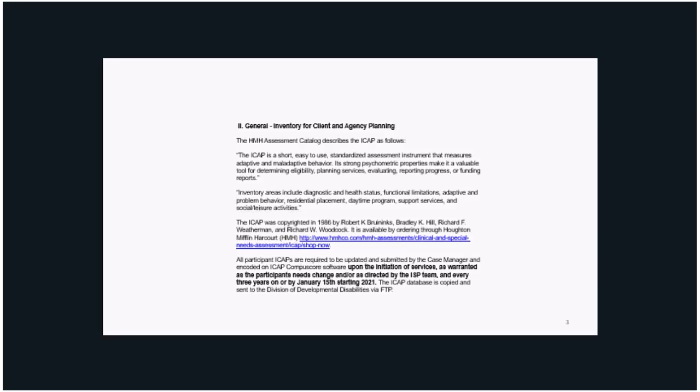So that's why it's real important that you have the ICAP guidelines available to you. When the ICAP was created, the gentleman that created it based it on an age-related criterion.